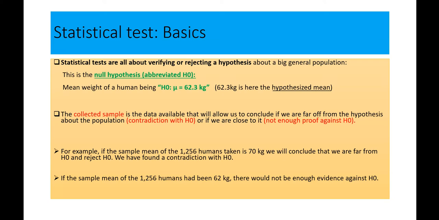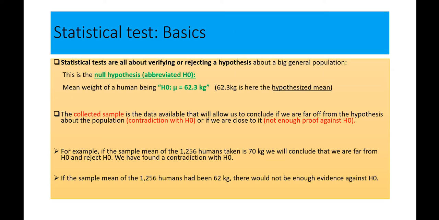But if the spread, the standard deviation, which I talk about in the video about descriptive statistics, had been 10 kilograms, it means that the sample would have been very heterogeneous, with a lot of extreme values.